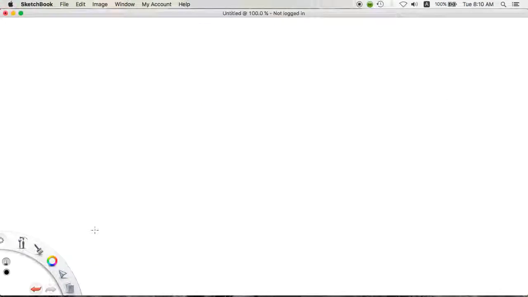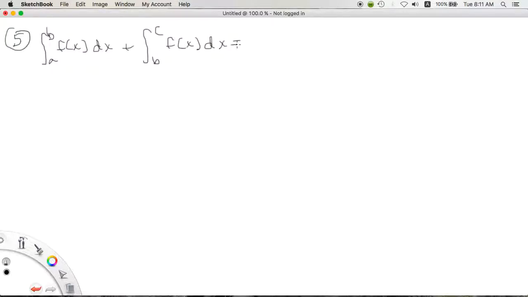Another rule we've got: if we have the area under the curve f of x from a to b plus the area under the curve of f of x from b to c, then you can combine all of that into one area. A picture will help with this, I guess.